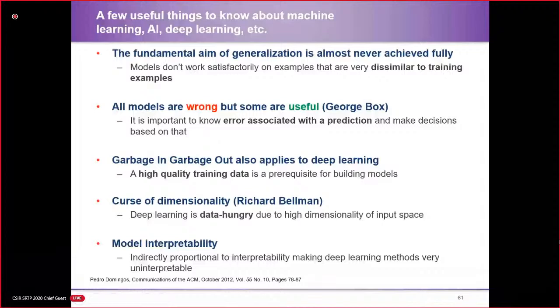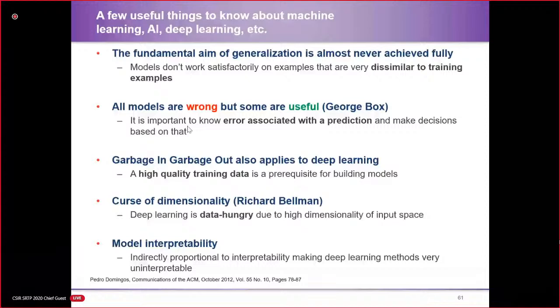Right. And then there's a well-known saying in the machine learning area: garbage in, garbage out. If you feed garbage data, you'll get garbage out. And this also applies to deep learning. Don't think that deep learning is a magical tool that will not need high quality training data and will just magically build a nice model.